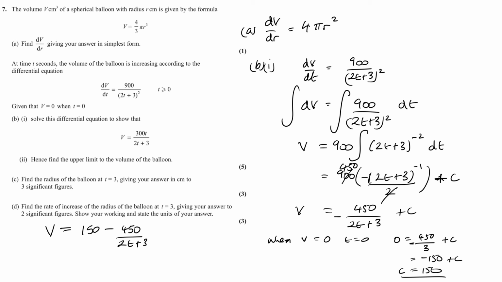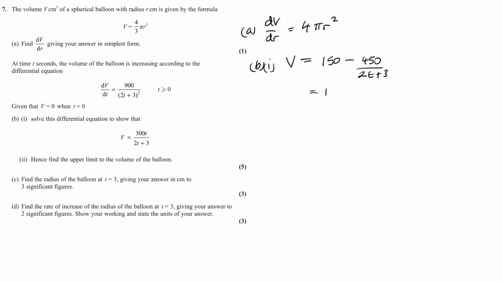So it is 150 brackets 2t plus 3 over 2t plus 3, minus 450 over 2t plus 3.